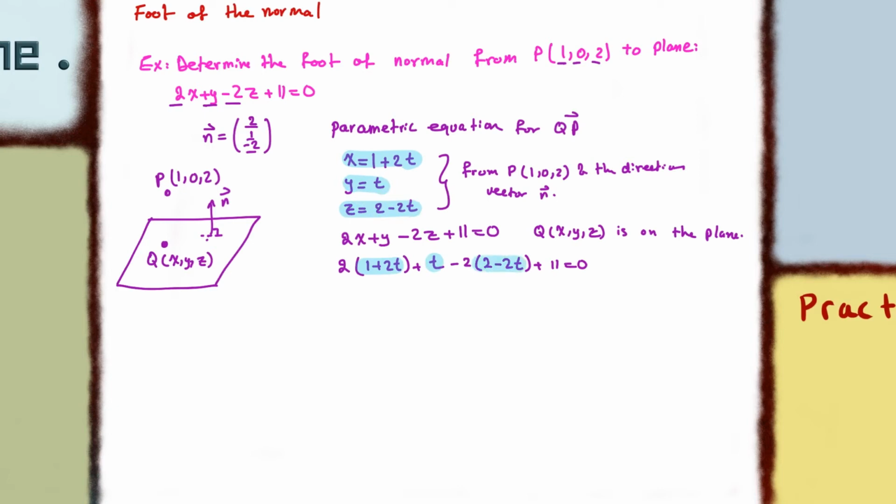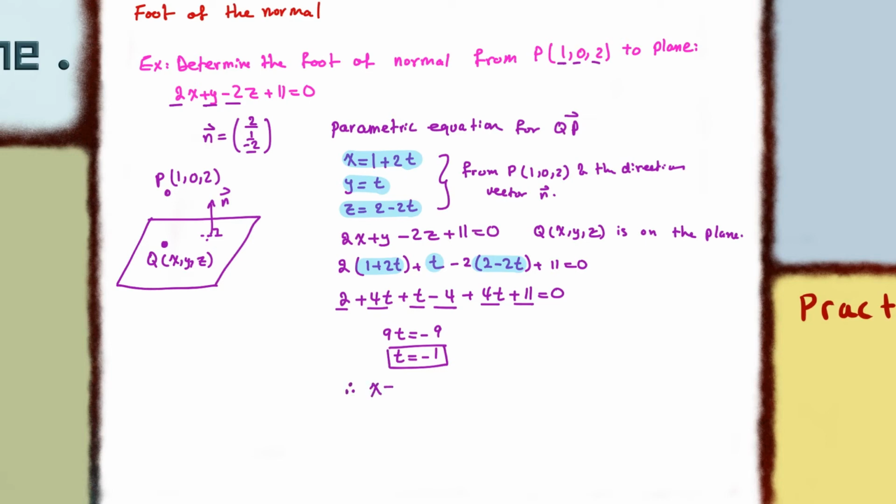And once we do that, we can expand and simplify and solve for our t value. In this case, we will have 4t plus t, which is 9t, and we will have 2 minus 4 plus 11, which is 9. Bringing that to the right hand side, we get negative 9, and we will get t is equal to negative 1.